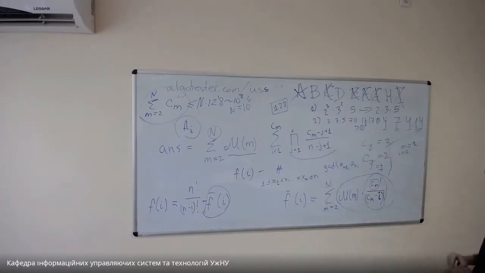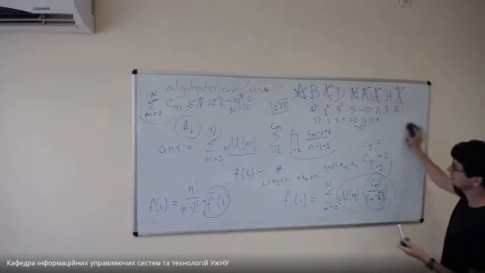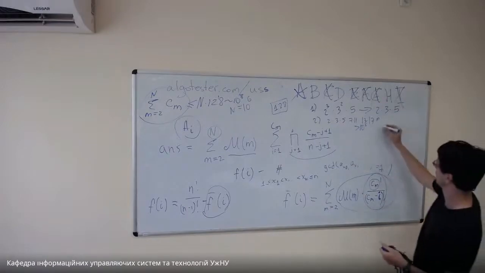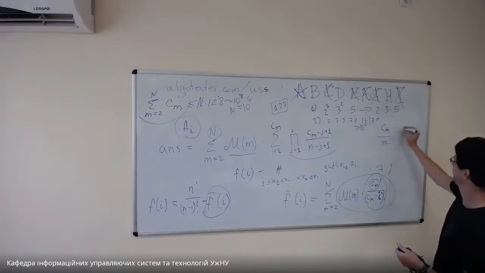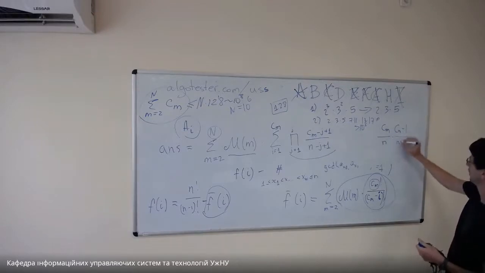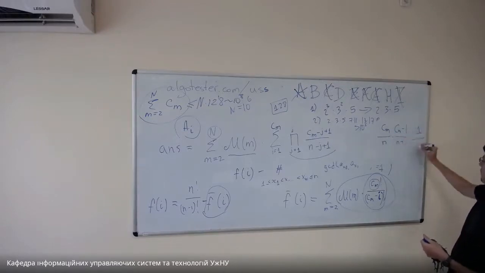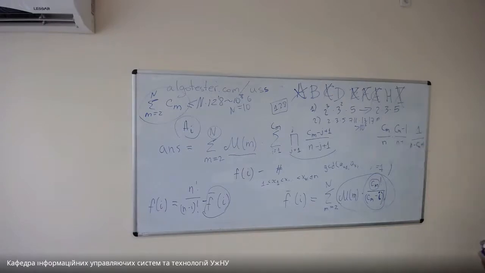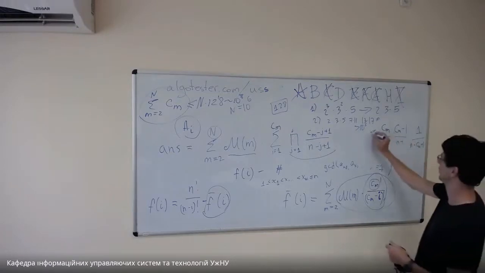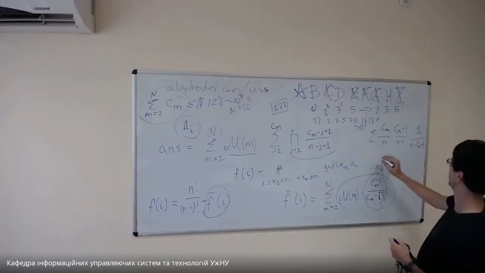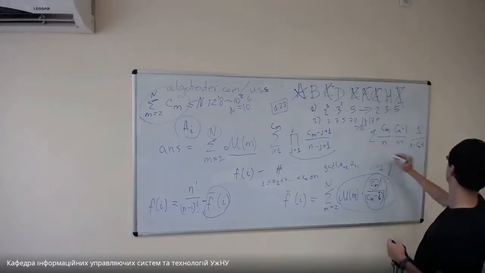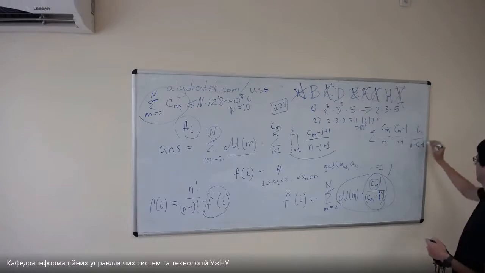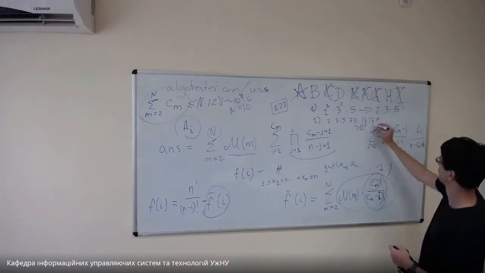When we go for this product, we can say that it is equal to something like 1 divided by n minus c of m plus 1, and sum over e from 1 to t.